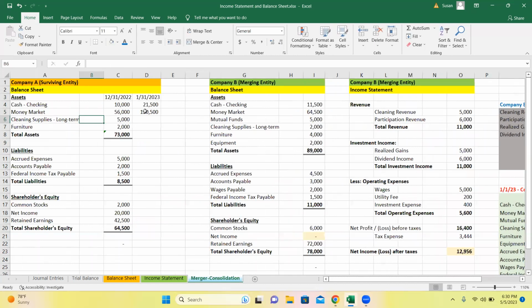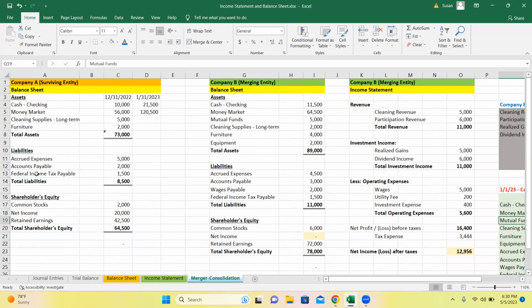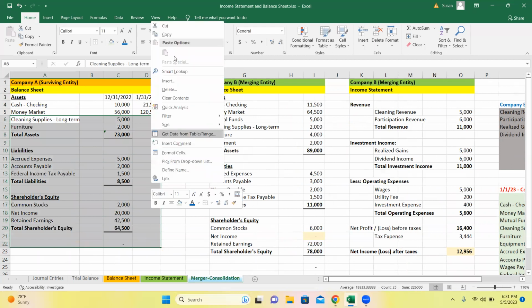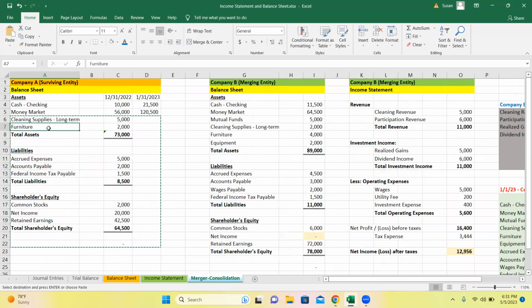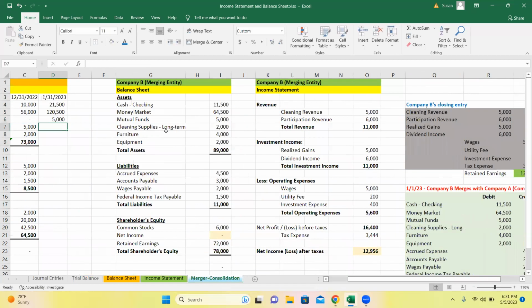And then there is a mutual fund account asset that is being consolidated to company A, which company A didn't used to have. So we're going to create a new asset line to factor that in. So then it used to be 0, but now we are consolidating a mutual fund account.